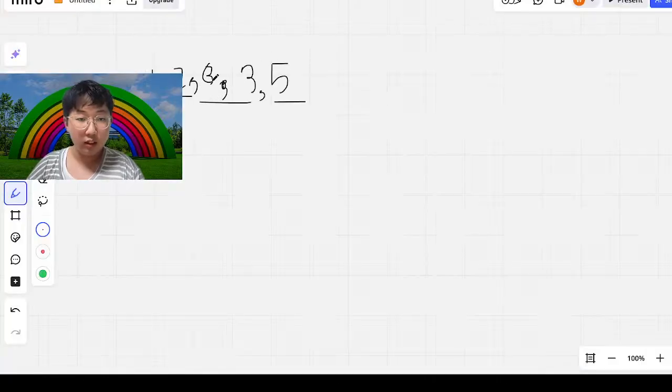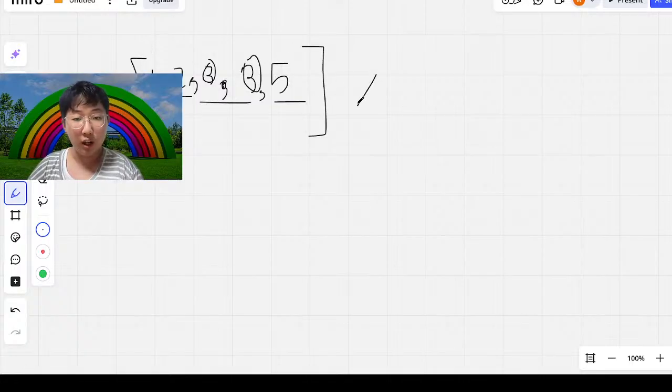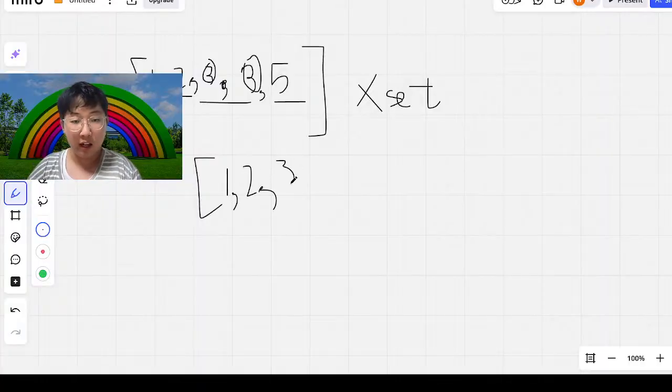Since there are two same elements, if this was a list, then this would not be a set. But if we had, for example, 1, 2, 3, 5, and we did not have a duplicate like we had up here, this would be a set.